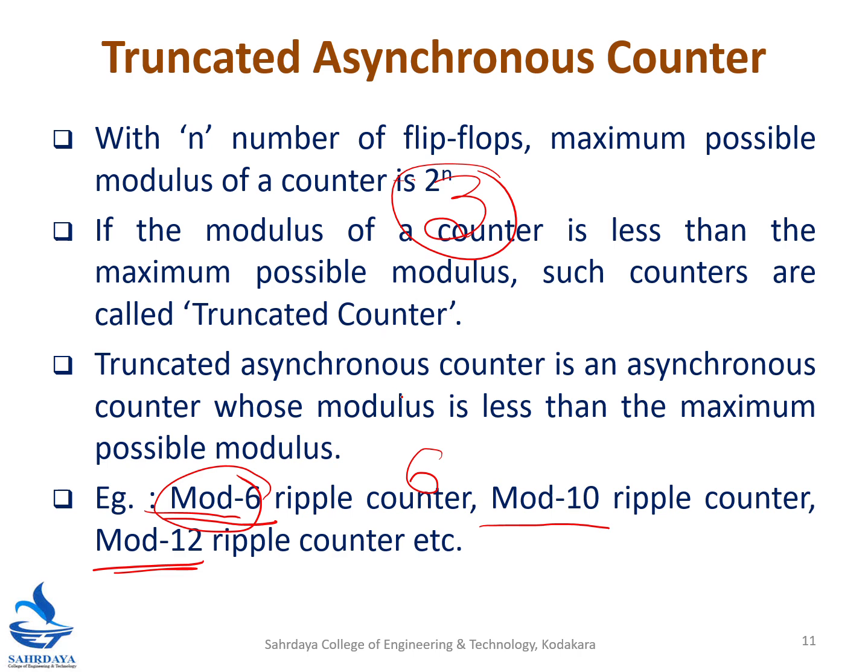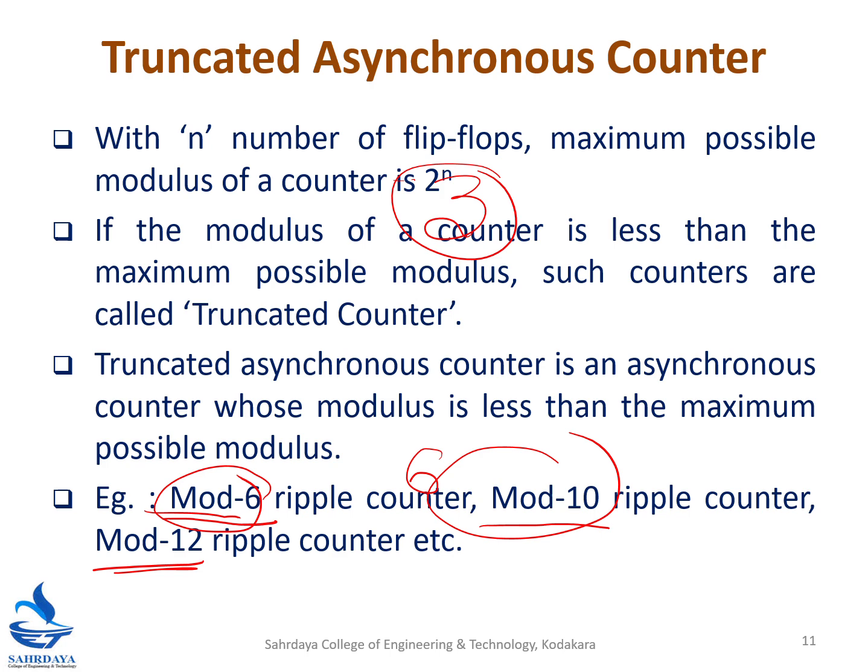Then, similarly, in the case of a mode 10 counter, it has 10 distinct states, or it can count from 0 to 9. To count up to 9, we need how many bits? To represent 9, 9 is nothing but 1001. 4 bits are needed, which means 4 flip-flops are used here, but the maximum number of states with 4 flip-flops is actually 2 raised to 4, 16.